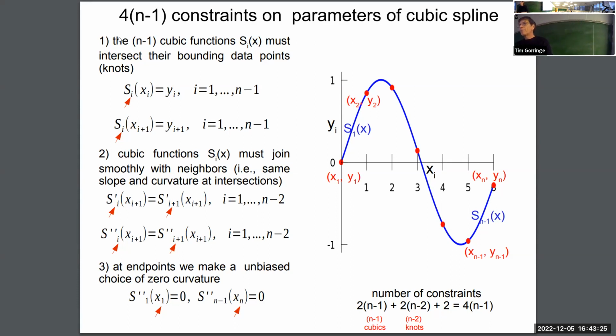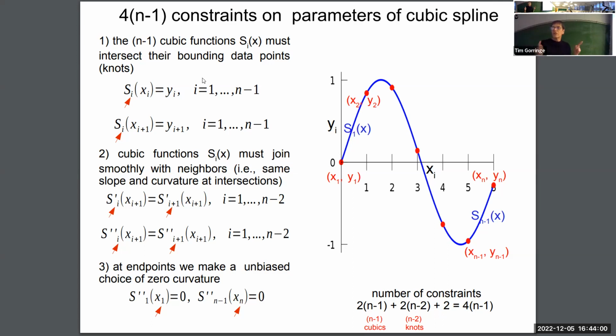And so these constraints are listed over here on the left-hand side. There are basically 3 categories of constraints, so I split them out into these three pieces here. If we start upstairs here, maybe it's helpful to imagine this first point and this second point, and the cubic polynomial between those 2 points.